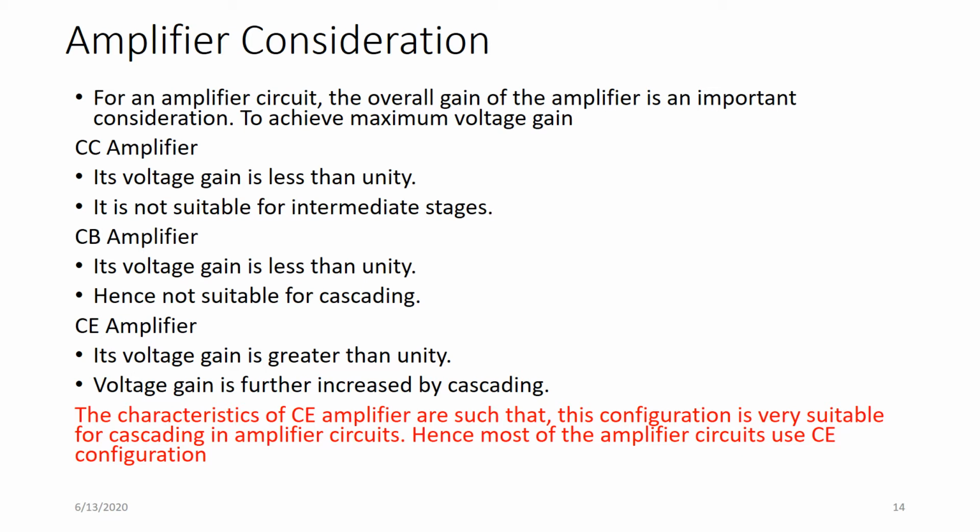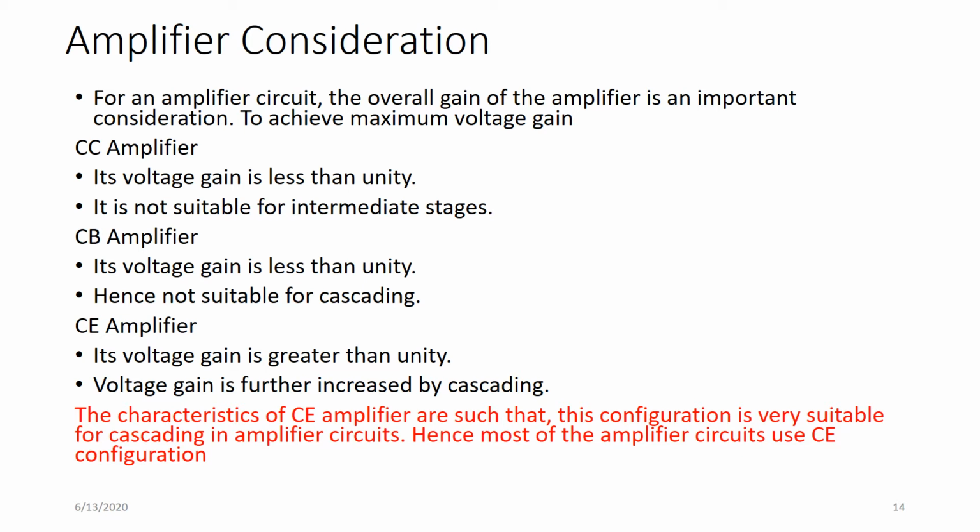Coming to the common emitter amplifier, its voltage gain is greater than unity. Voltage gain is further increased by cascading. So out of all the three combinations mentioned here, the common emitter configuration has the advantage that it has a voltage gain greater than unity, and it further increases by cascading.